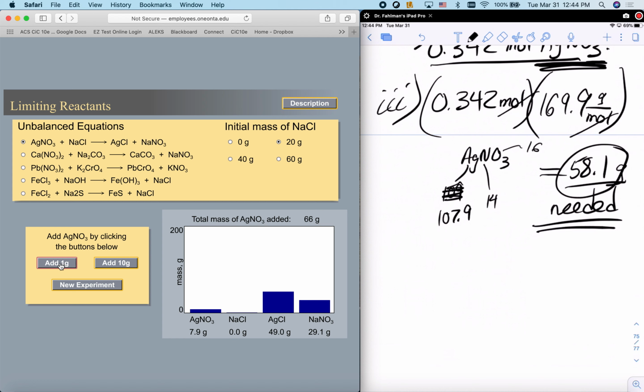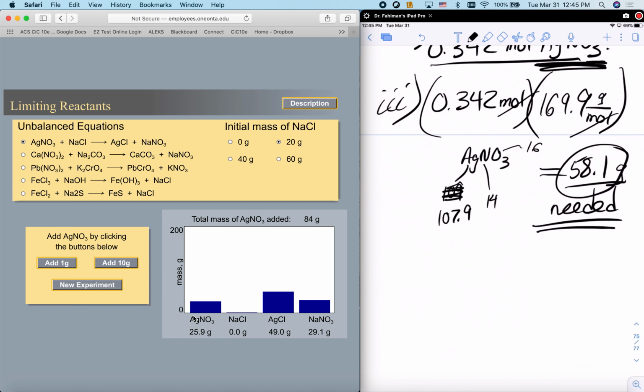All that happens is we just have it left over in the flask. This is going up as I keep adding more and more, and no more products are formed because we don't have any of this other reactant. So in this case, with 84 grams of silver nitrate and 20 grams of sodium chloride, sodium chloride is the limiting reagent. It governed how much of the products we made, and this is in excess.